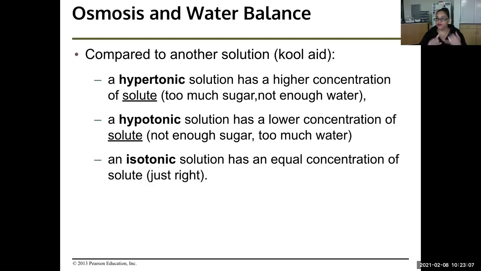You think of Kool-Aid, we have sugar, we have Kool-Aid, we have water. Those are the three substances used to make Kool-Aid. So in a hypertonic Kool-Aid solution, we would have too much sugar and not enough water.